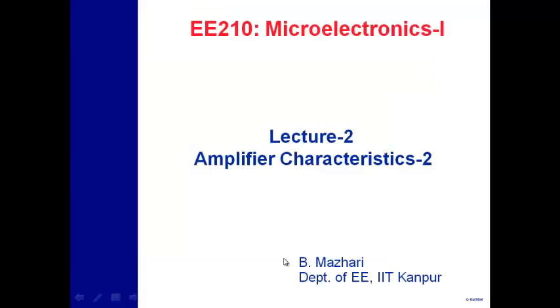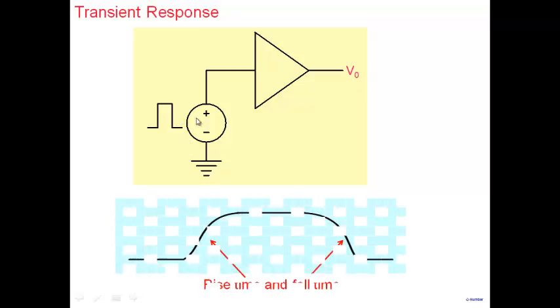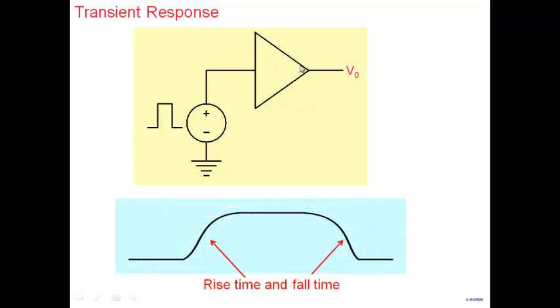All right, so let's continue from that background. Just as we did in the frequency domain, we can characterize amplifiers in the time domain as well. For example, let's say you apply a step voltage to the amplifier.